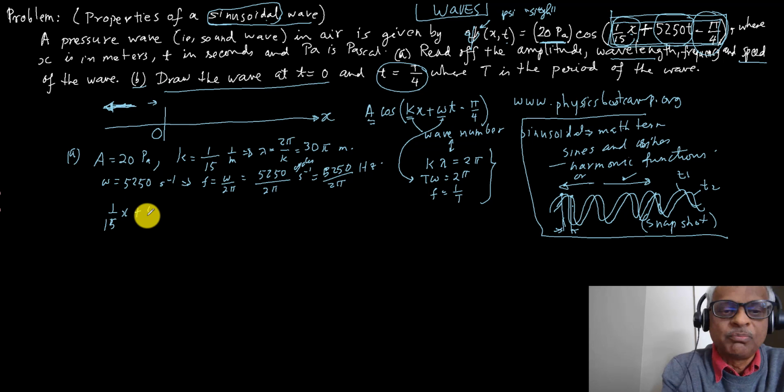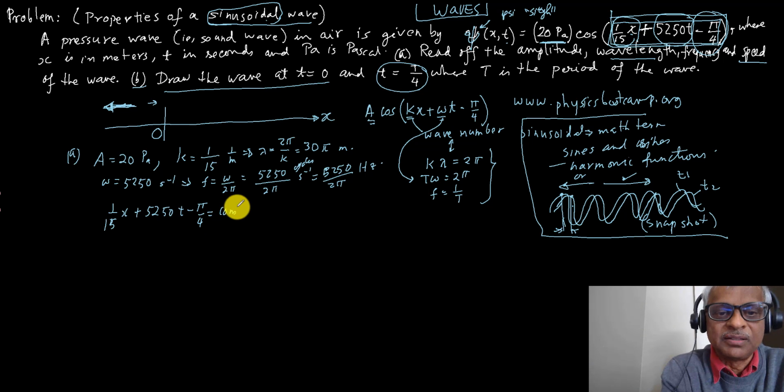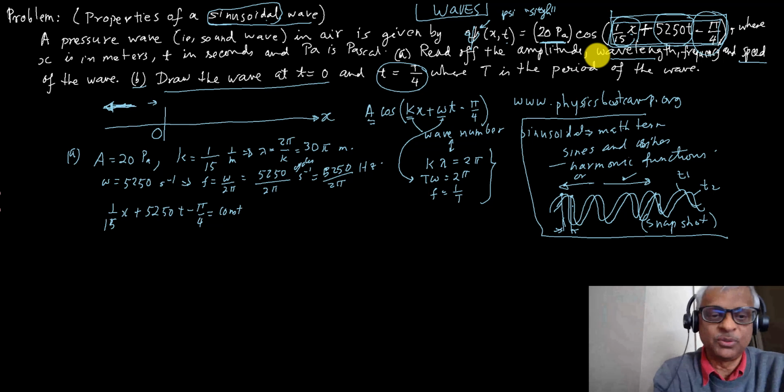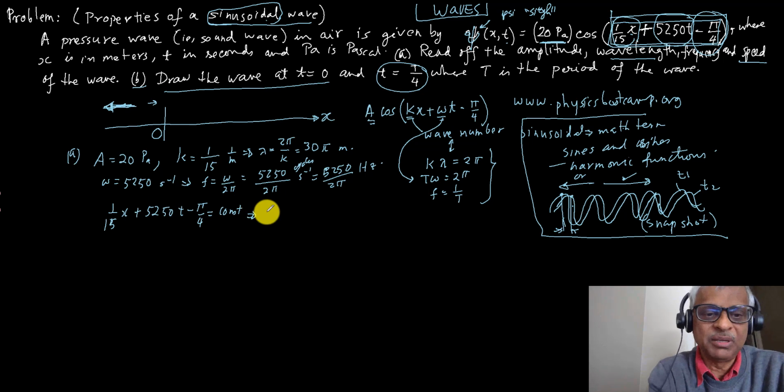So we take 1 over 15 x plus 5250 t minus pi over 4 as some constant, because I'm just looking at a particular value in the cycle of the cosine. So take a derivative of the whole thing with respect to time: 1 over 15 dx/dt plus 5250 times 1 minus 0 equals 0.